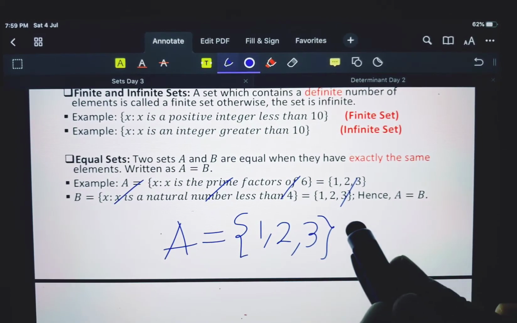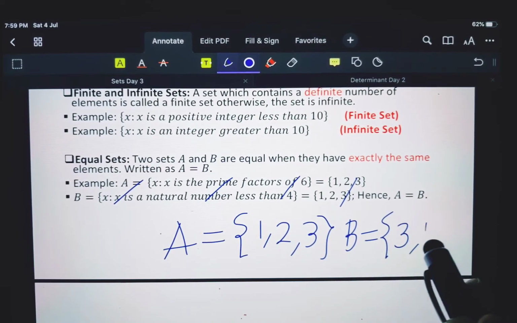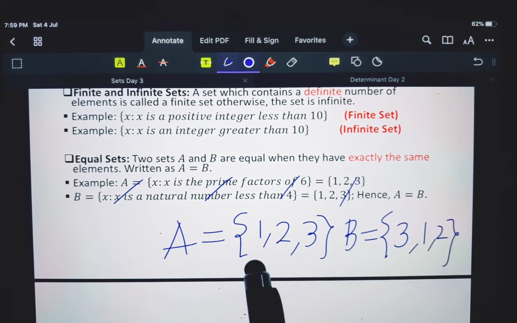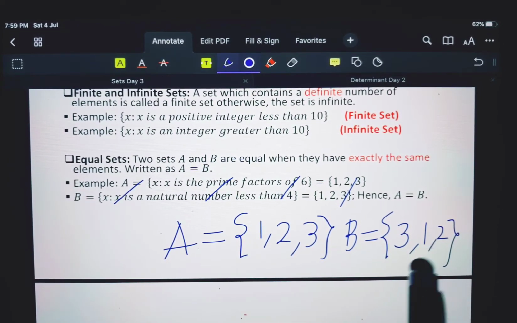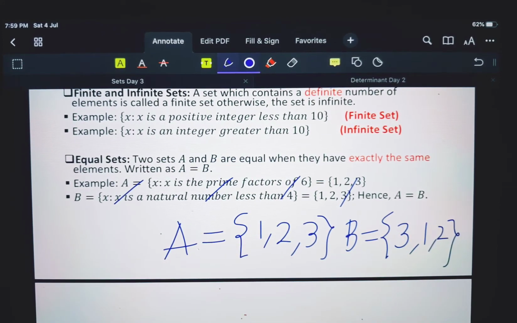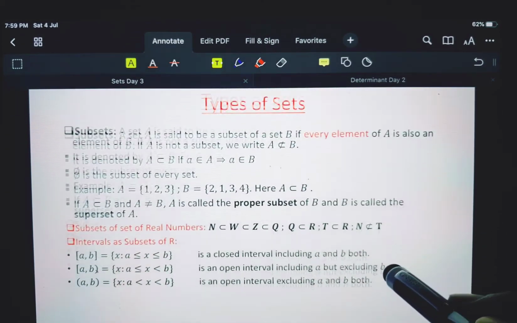This is one set A, and the other set B is equal to 3, 1, 2. You see, the order is not important. If the elements are the same, 1, 2, 3, then I can say that A and B are equal sets. Am I clear? Okay, let's move on to the next slide.